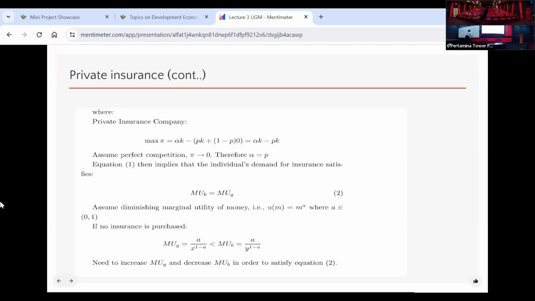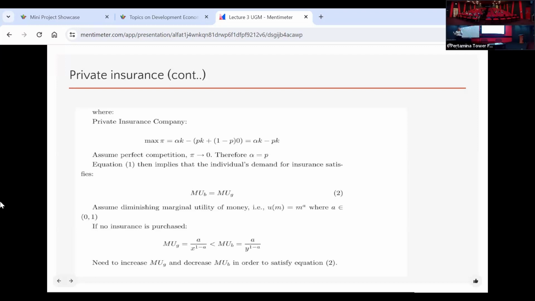So the marginal utility of good would be what? Yes, a x to the power of a minus 1, or in other words, it could be a x to the power of 1 minus a, correct?